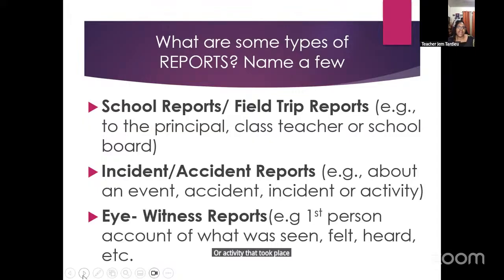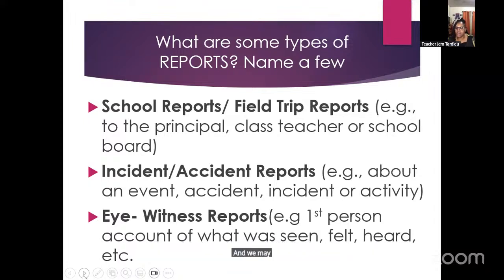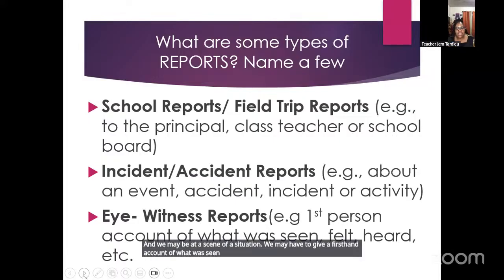Some persons may have to write an eyewitness report, because as we get older we may be at the scene of a situation and have to give a first-hand account of what was seen, felt, heard, etc.